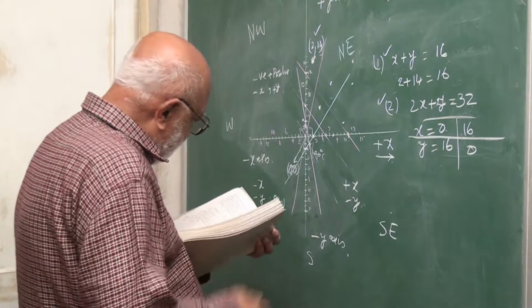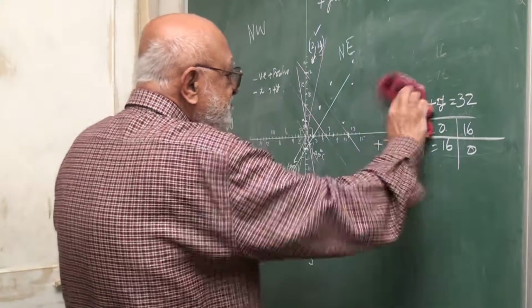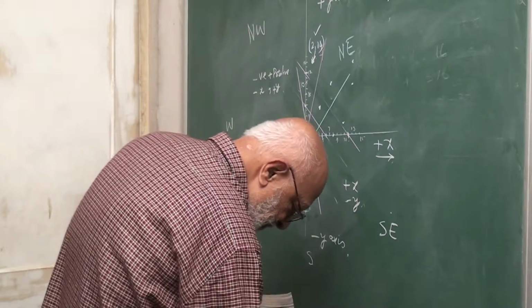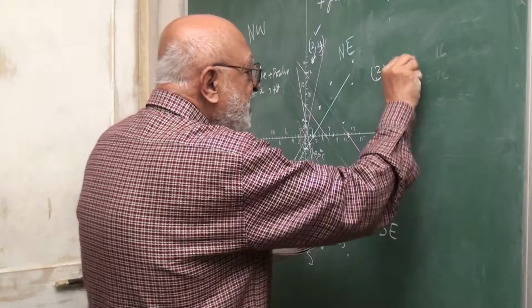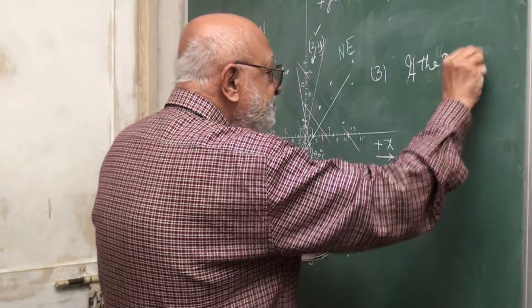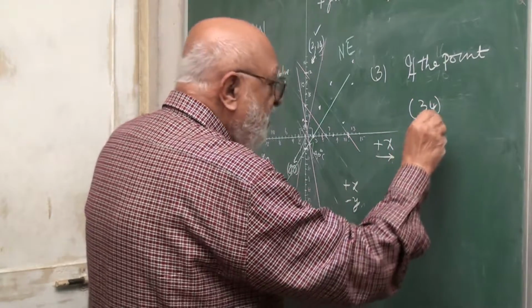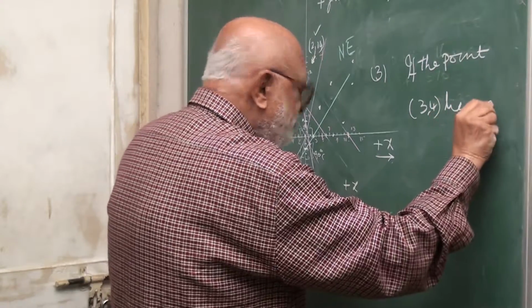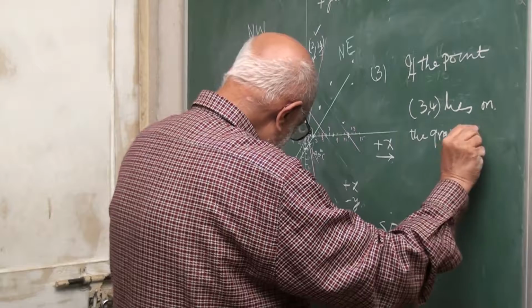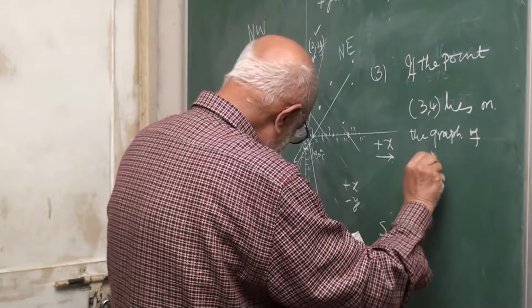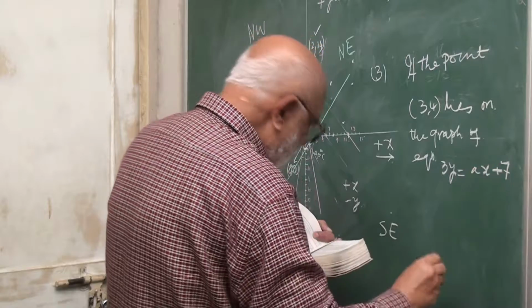Okay, let's go to question number 3. It says, if the point 3, 4 lies on the graph of equation 3y equal to ax plus 7, find a.